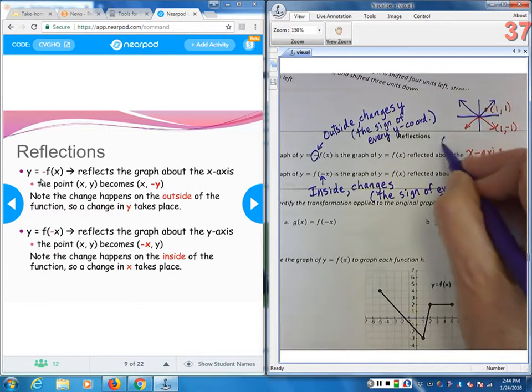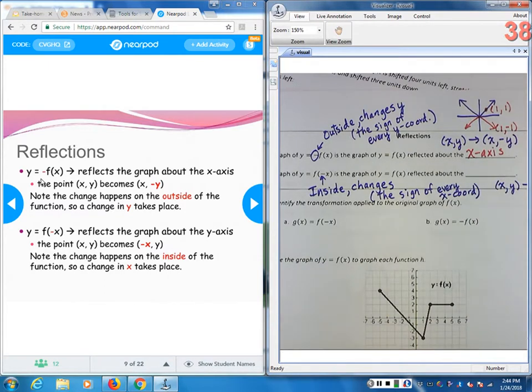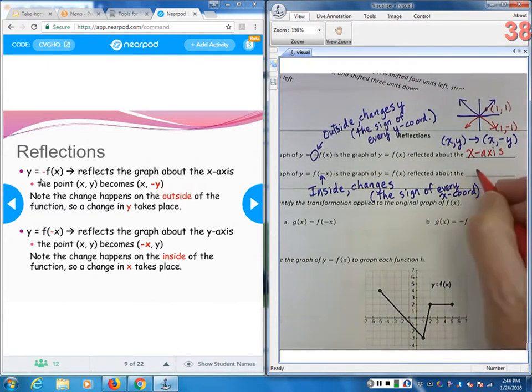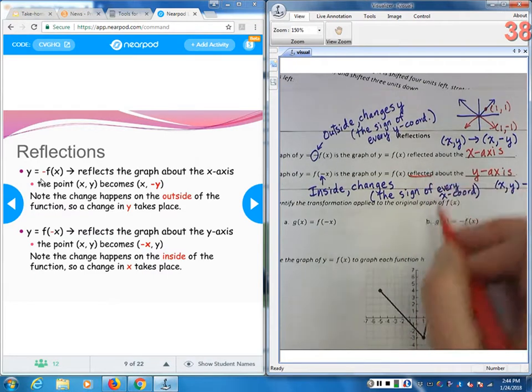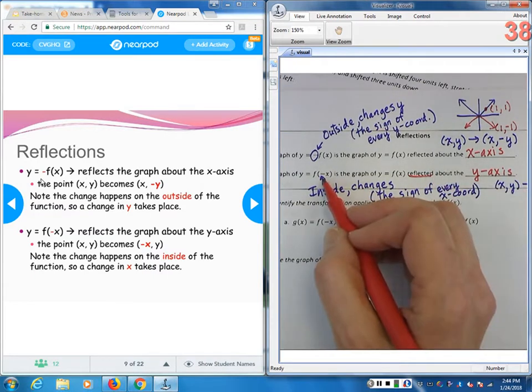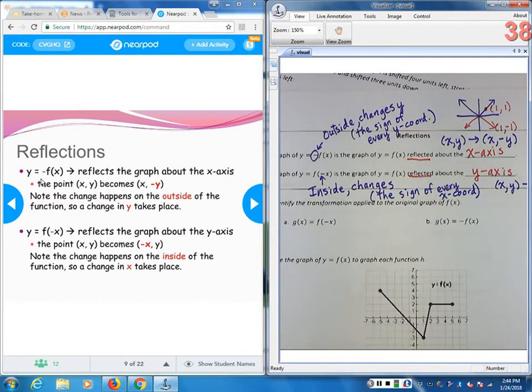And up here, if you had x, y, it will be x, -y. And that's the y-axis, actually. You're reflecting about the y-axis. If the negative sign's inside the function, you're reflecting about the y-axis; if it's outside, you're reflecting about the x-axis.